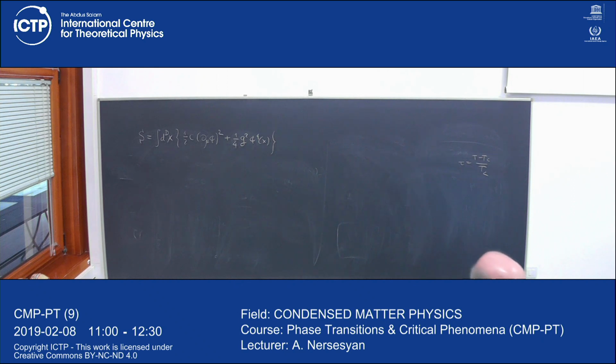Can such a model describe a critical point belonging to the Ising universality? And we will now see how beautiful is the answer to this question. You wanted to say something, or you already calculated? You already calculated. All right.